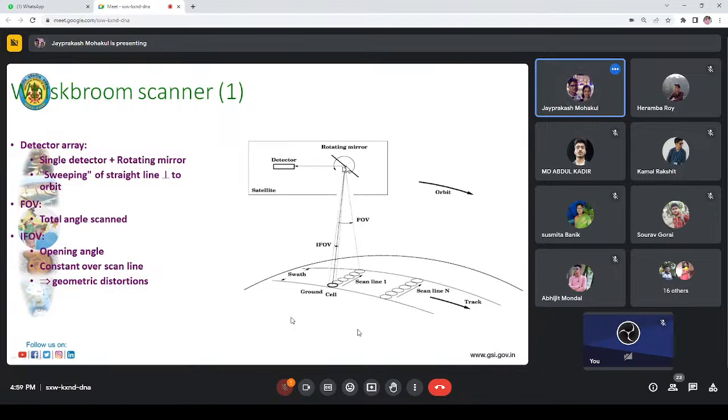The detector measures this ground cell, then comes here, then measures this, and this moves, right? Instantaneously it sends the signal to the detector. I mean, this rotating mirror helps look at the ground cell in different ways and cover the entire scan line. You require fewer detectors.